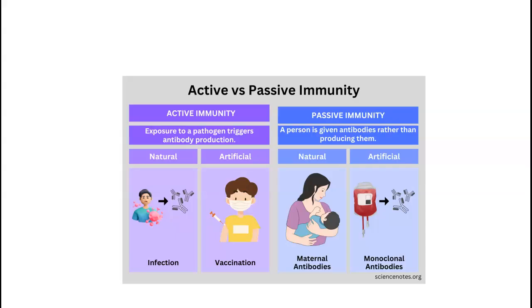Now, with our active immunity, we came full circle and talked about how this is important with delivering vaccinations and immunizations and exposing our body to those antigens so that then if we see it in real time, our immune system is going to be able to mount a defense.